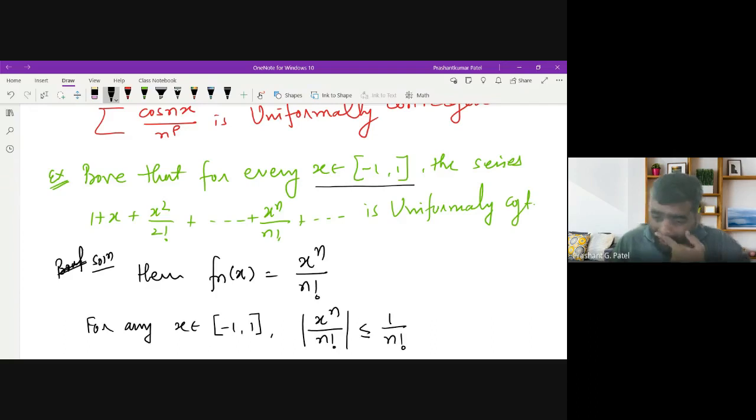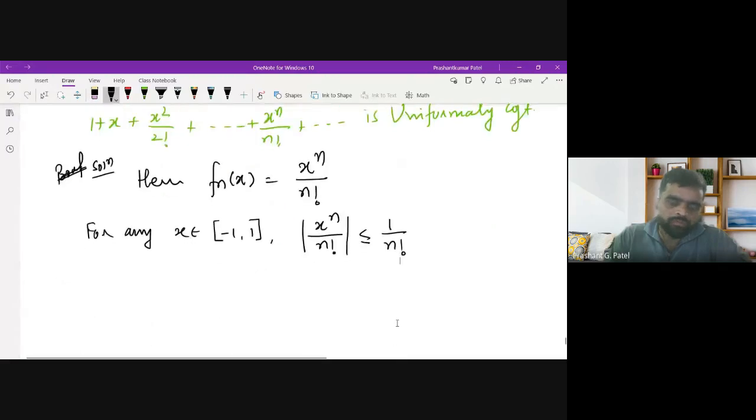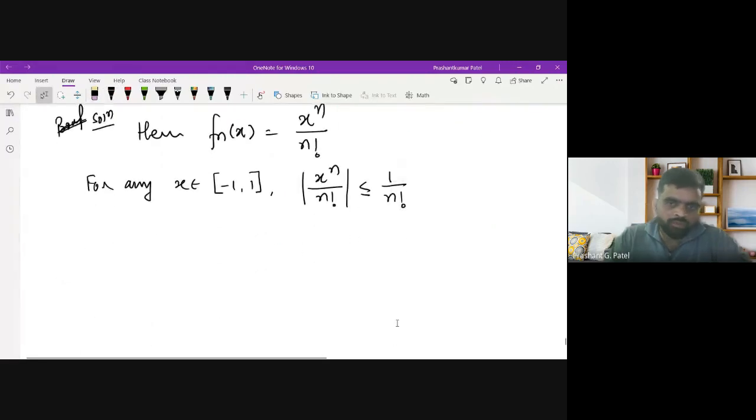Now ultimately you have to prove that the summation of 1 upon n factorial is convergent. This is a constant sequence. So if you want to apply the Weierstrass M test, you have to prove that the summation of 1 upon n factorial is convergent. Either you can use the ratio test, root test, or a comparison test, whatever you like.